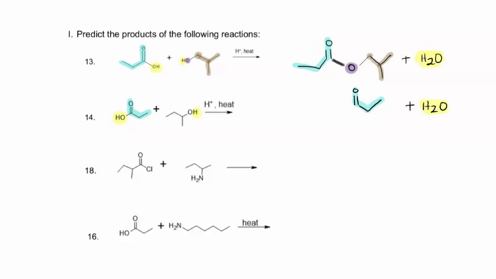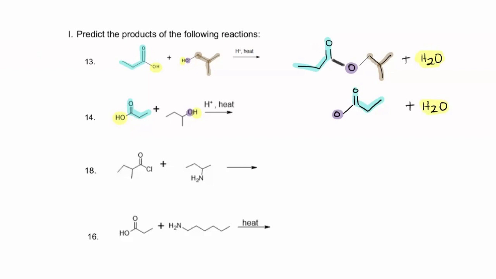And then I'm going to connect that carbonyl to the oxygen in the alcohol, which is this atom. And I'm going to draw everything that is attached to that oxygen.